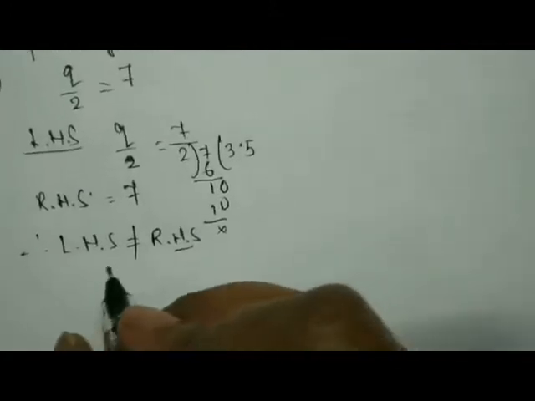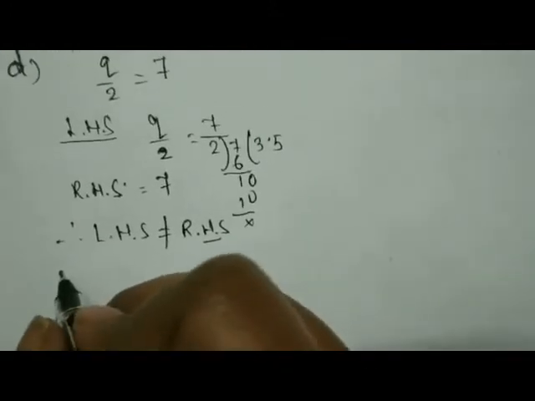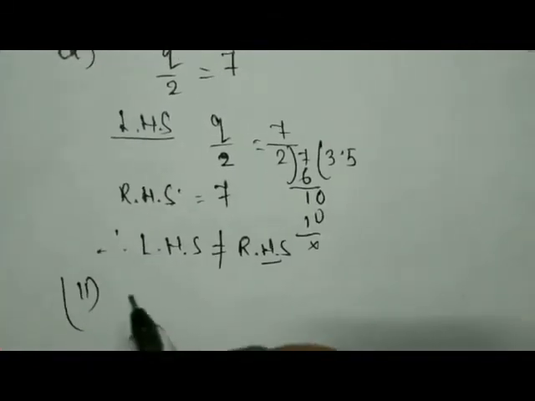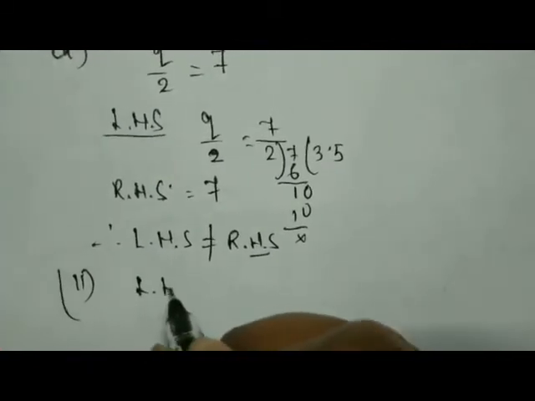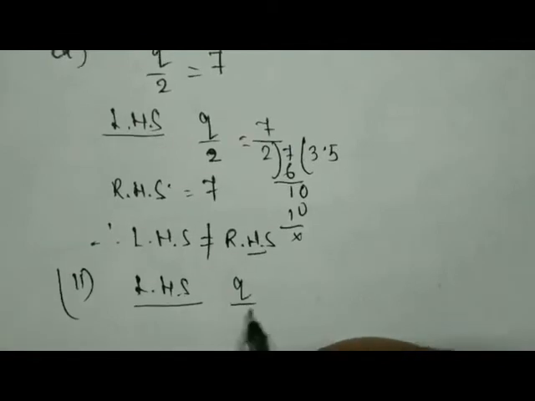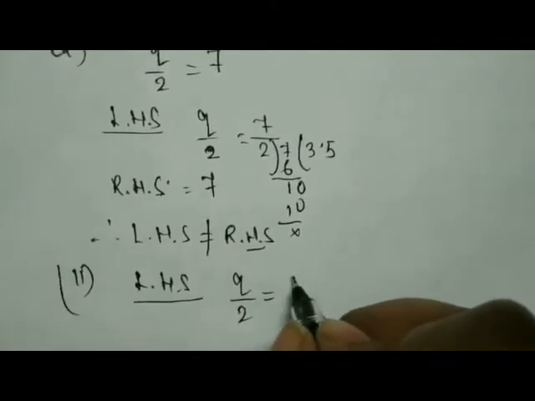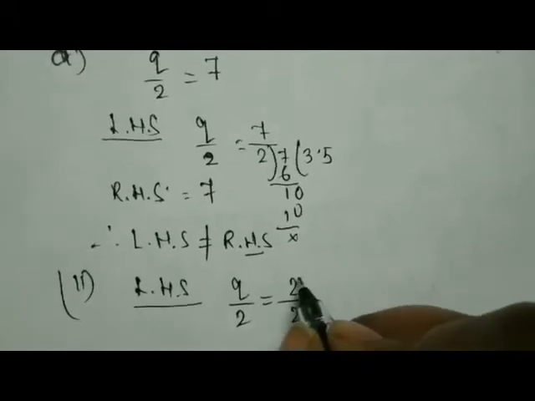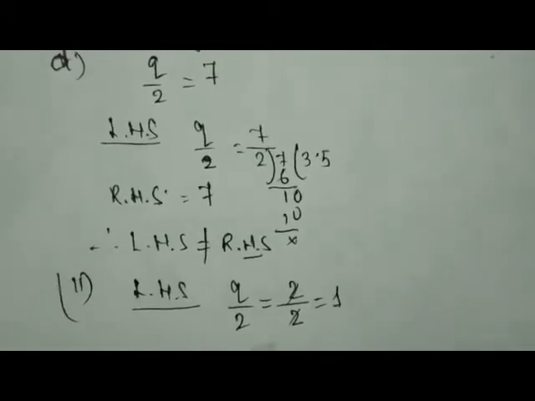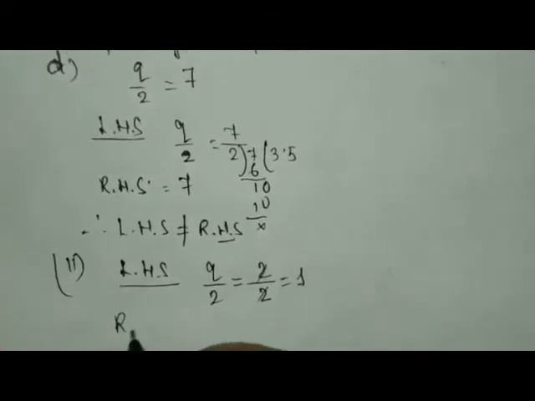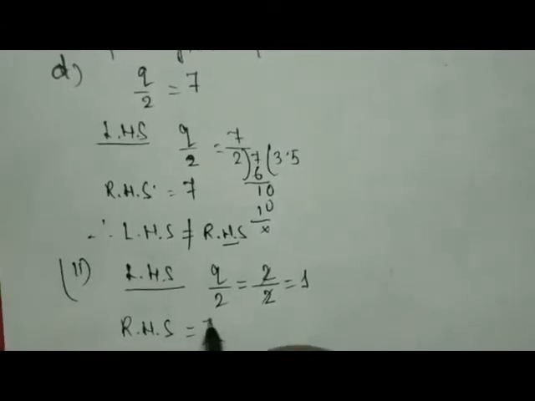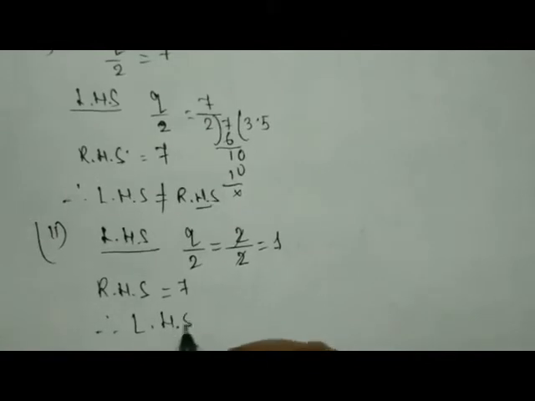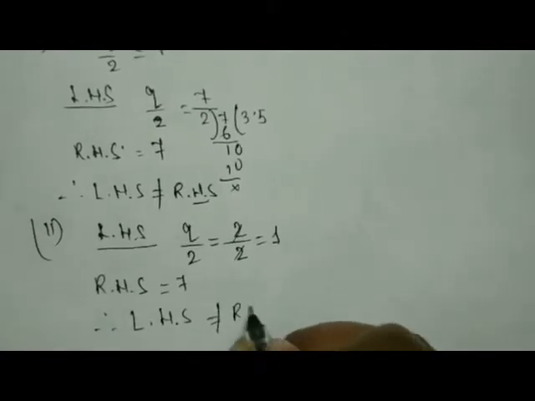Now in the next option we have 2. So again on the left hand side we'll put q by 2, and in place of q we will put 2, because in the next option we have 2. Now 2 by 2 is 1, and on the right hand side we have 7. Again this is not the solution of the given equation, because left hand side is not equal to right hand side.